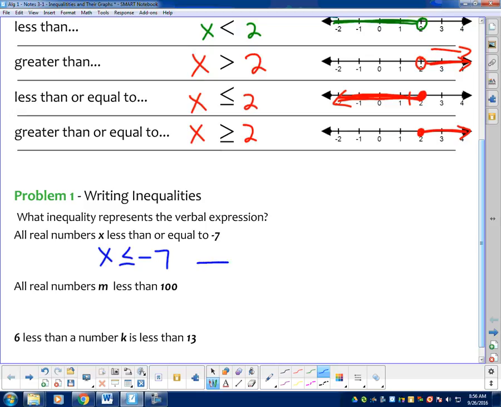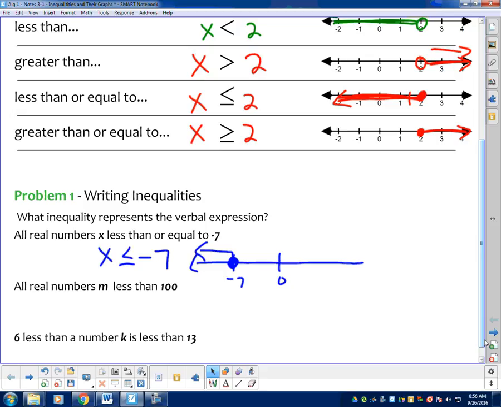If I were to graph that, if this is 0 here, here's negative 7 right here, we would have a closed circle at negative 7 and be shading to the left of negative 7. So negative 8 would work, negative 8.5, negative 7.1 would work. Anything equal to or smaller than negative 7 makes that inequality true.